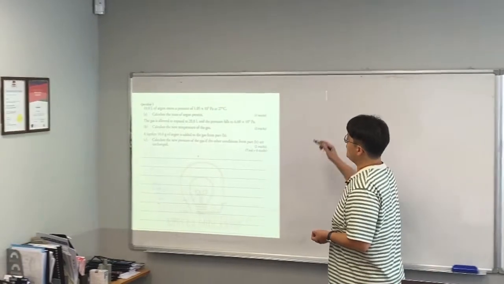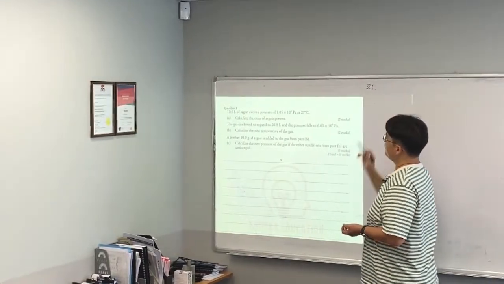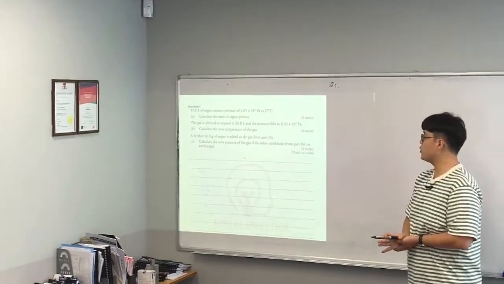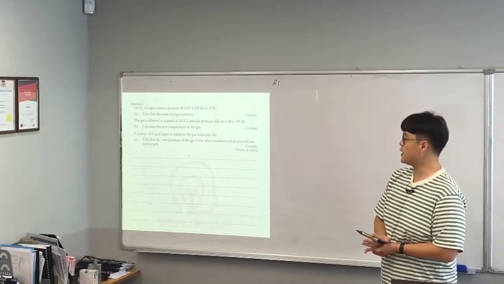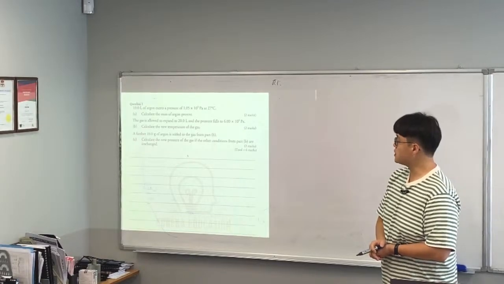Question 1. 10 liter of argon exert the pressure of 1.05 times 10 to the power 5 Pascal at 27 degrees Celsius.